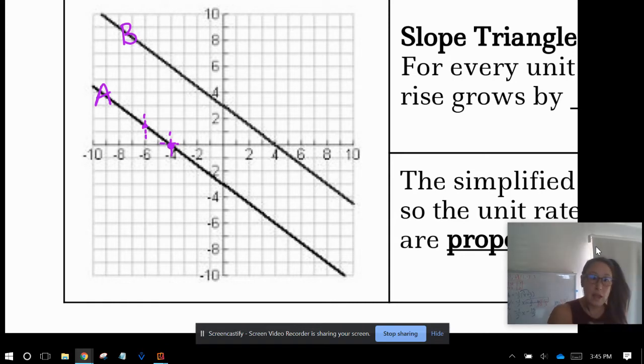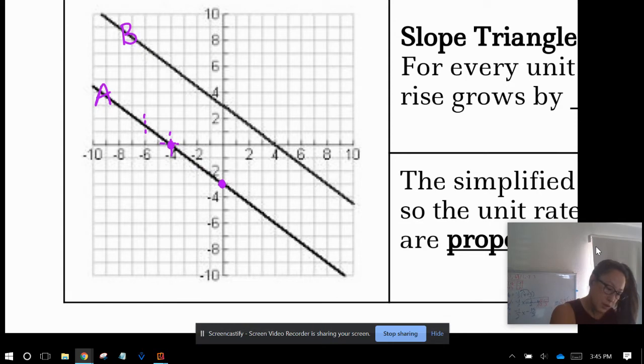The line of A does not cross one of the background lines right at the intersection. So we don't like to use those, because that's a decimal that I don't really know the value of. Okay, all right. So I have my point there, and then I'm going to keep going down my line looking for a good intersection. Boom, good intersection.